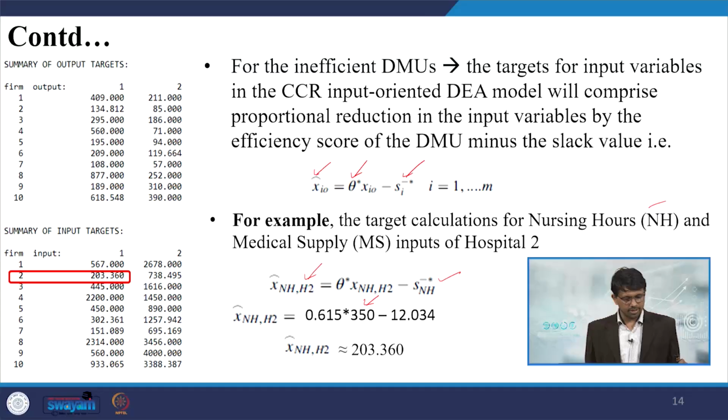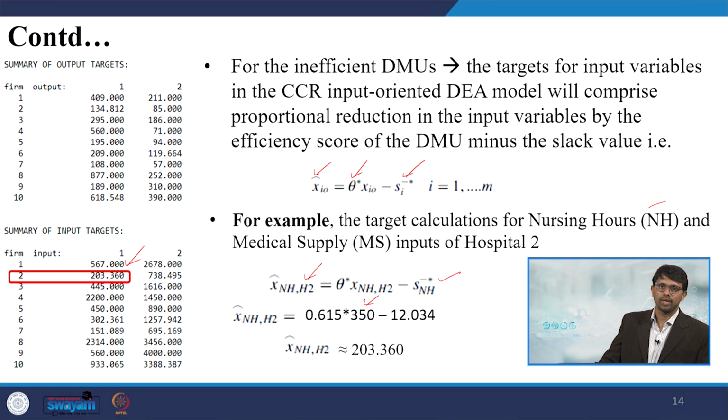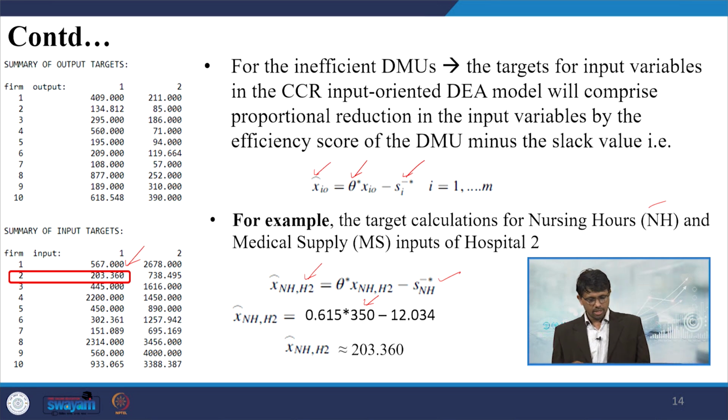So, by calculation we find that the target value is 203.360, this is what is derived. You need not be confused about what DEAP is providing you; this is provided very systematically, and now you will be convinced.